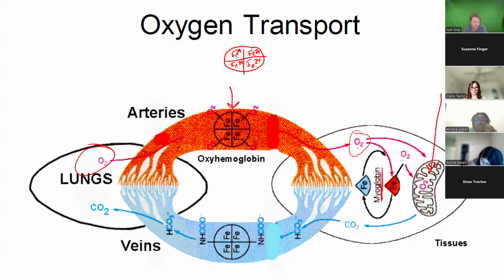So myoglobin holds on to oxygen until we need it. And then that oxygen can end up in the mitochondria where we can help out with metabolism. One of the waste products of that is CO2. That CO2 we need to get from the tissue through our bloodstream to our lungs so that we can exhale.